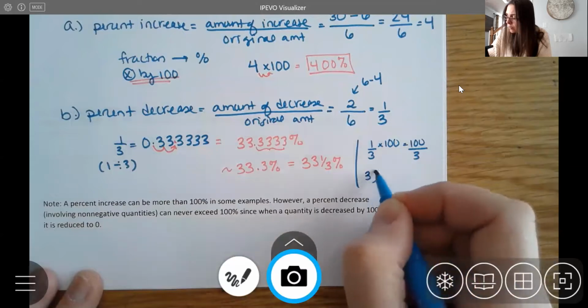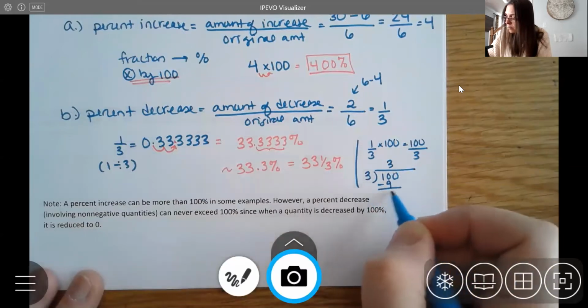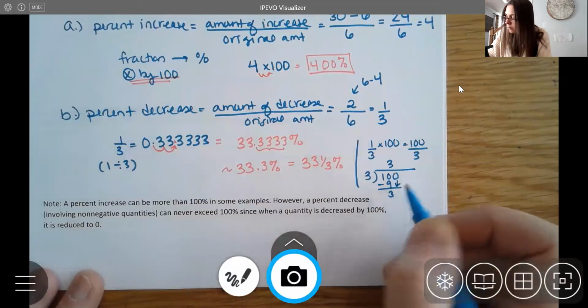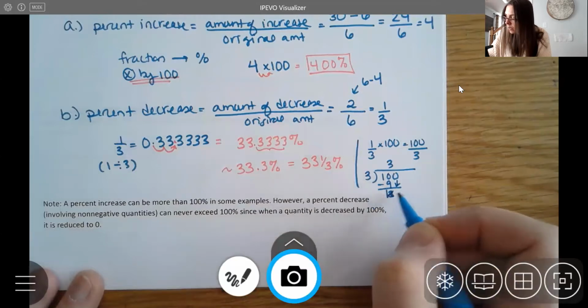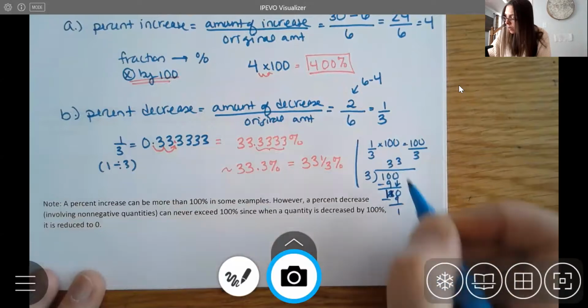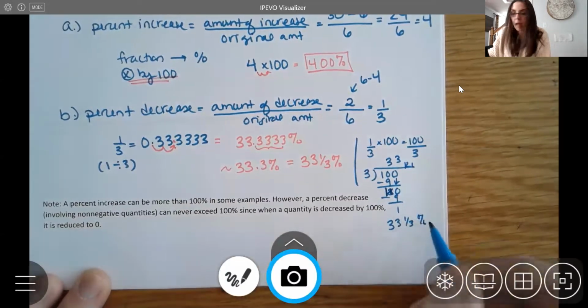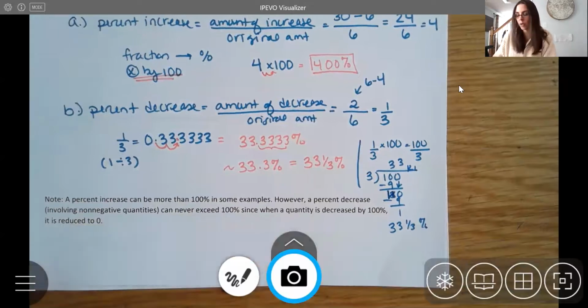And if you remember how to convert over to a mixed number, see, this goes in 3 times. Sorry, that's a 1. Bring down the 0. And then 3 goes into 10 3 more times, which is a 1. So you get that same 33 1/3% that way.